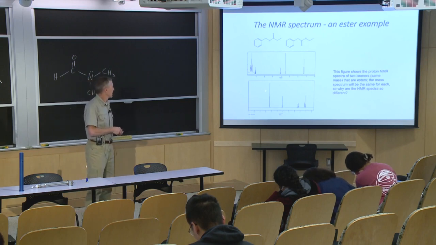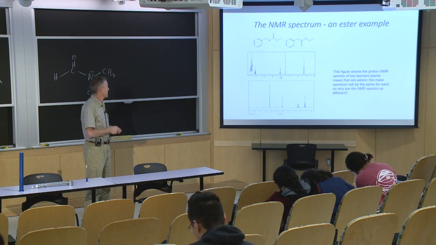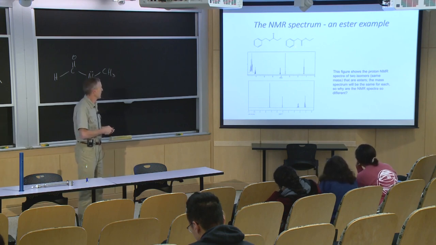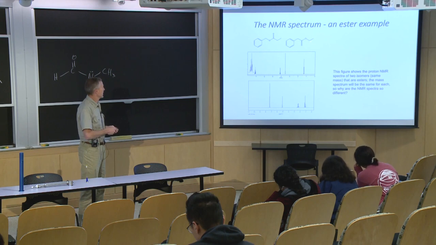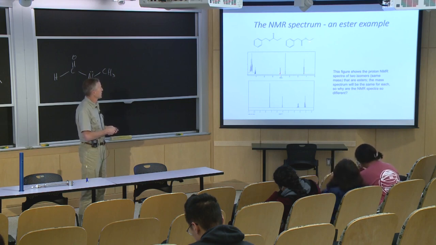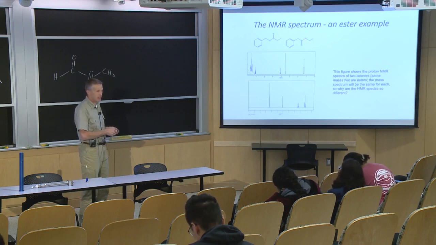So now the question becomes, which splitting patterns in this region down here agree with what we see up here? If we look at our ester, and we saw this with ethyl acetate, we have the methyl and the methylene bound to the oxygen. So we know that the methyl and the methylene are going to split into a triplet and a quartet, and we know that that quartet is going to be shifted downfield because it's bound to that oxygen.